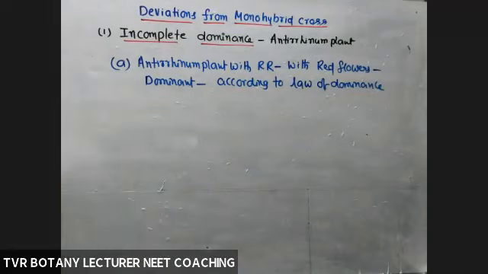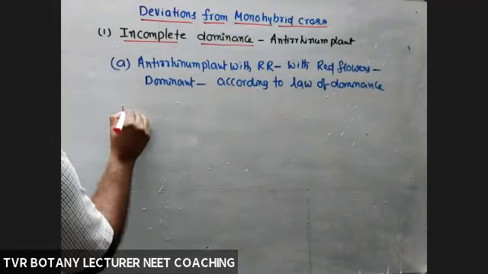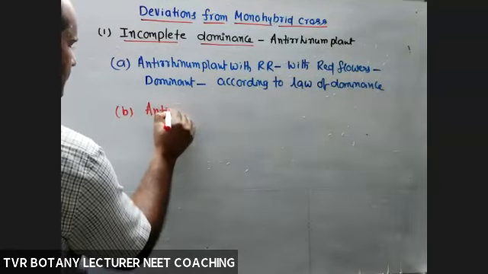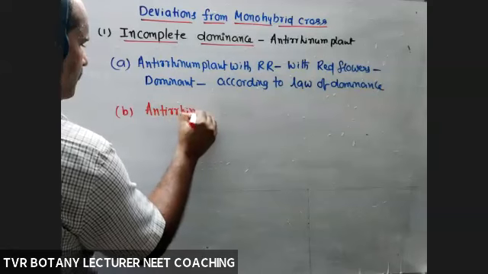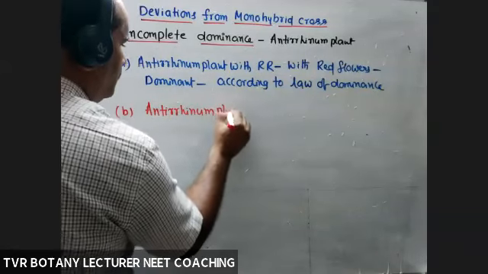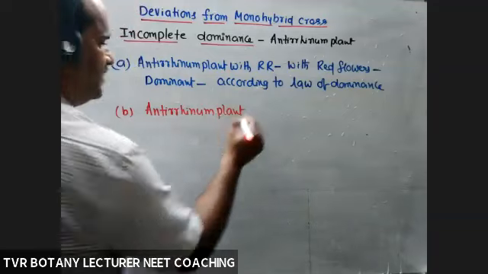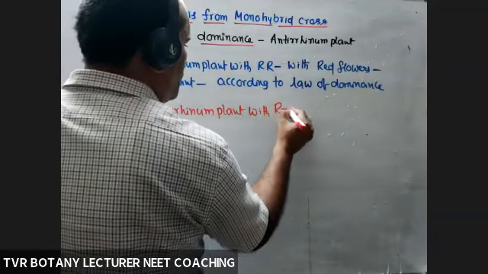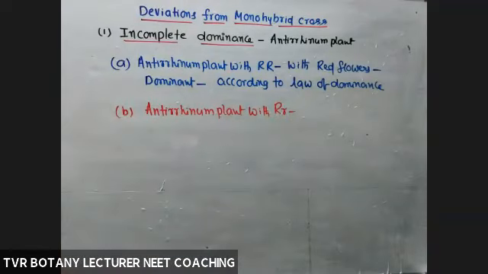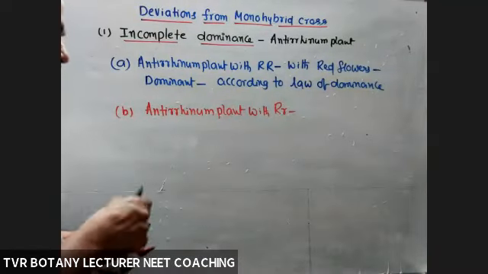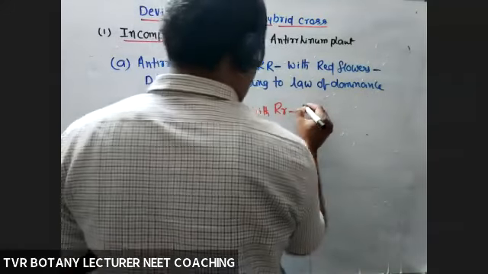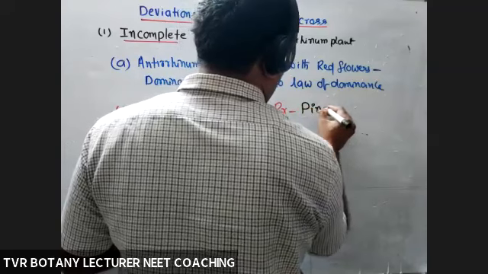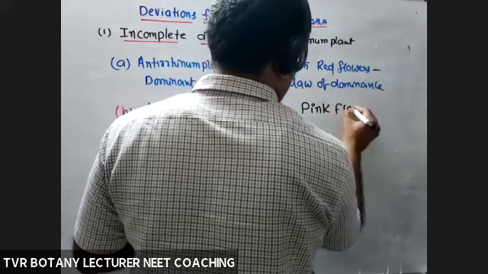Second one, antirrhinum plant with capital R small r genotype, producing what type of flowers? Red flowers, pink flowers, sorry. Pink flowers.